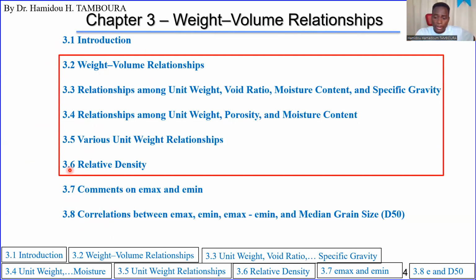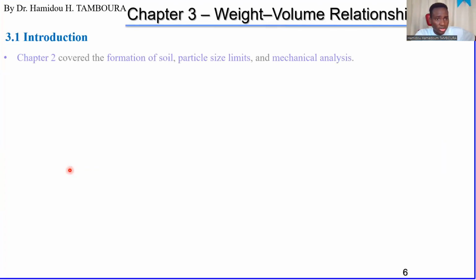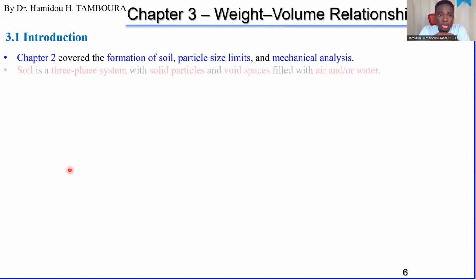Introduction. In chapter 2, we discussed the formation of soil and the particle size distribution of the soil by doing mechanical analysis. If you didn't see chapter 2 yet, I recommend you go back and watch the video related to chapter 2 before continuing this.